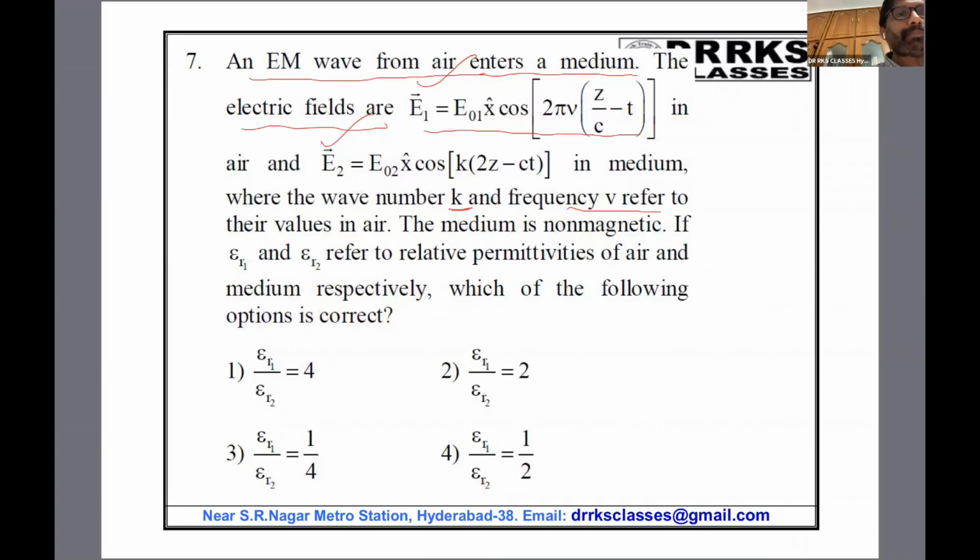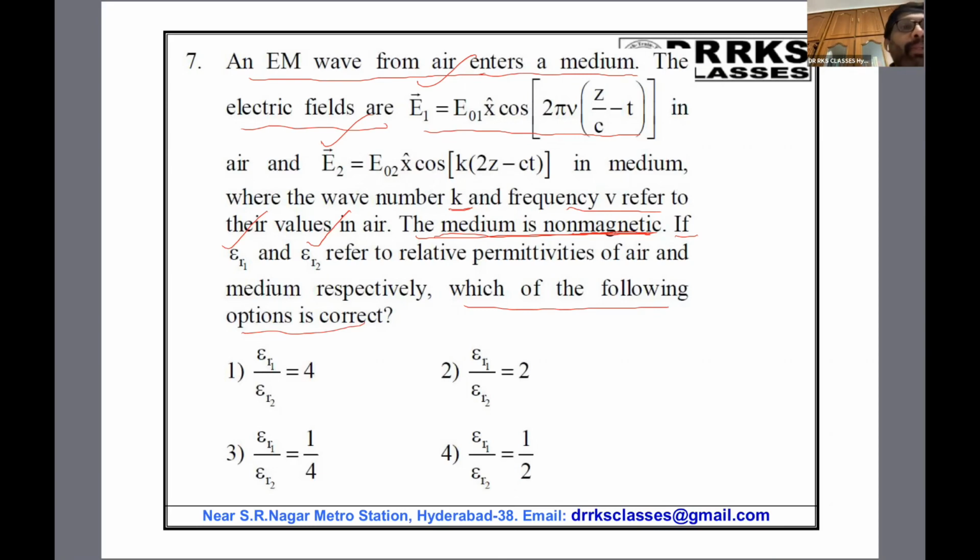The medium is non-magnetic. If the relative permittivity of medium 1 and medium 2 are given, then you have to find the relation between the relative permittivities of medium 1 and 2.